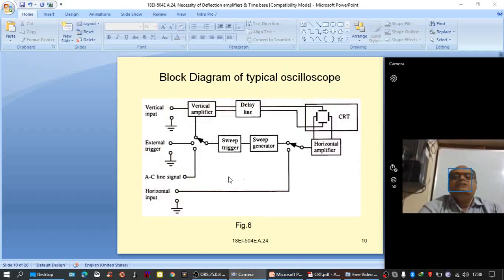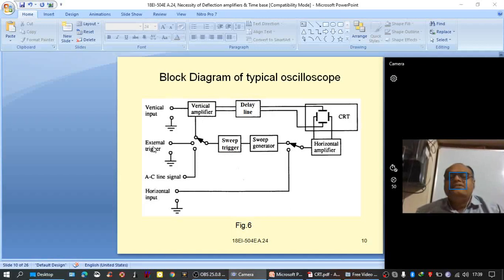Now, here is the typical block diagram of the deflection system of a CRO. Here is the vertical input. The applied external input signal is allowed to pass through a vertical amplifier. Then the amplified signal is made available as one input to the sweep trigger circuit.